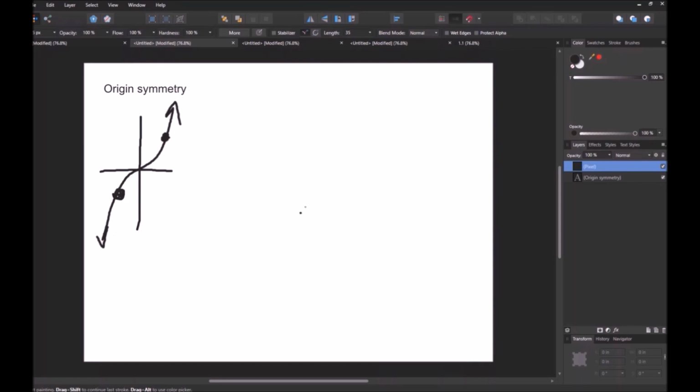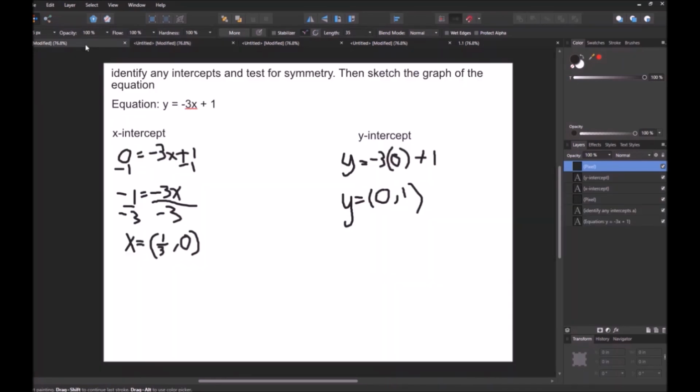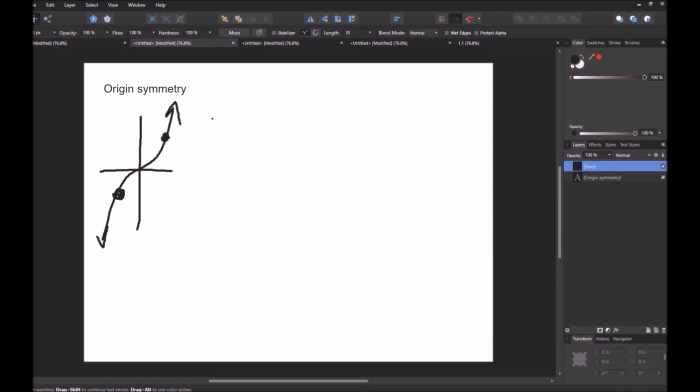So in order to test for origin symmetry, we have to replace x and y with negative x and negative y and evaluate the equation from there. And if it comes out to be the same, then we know it has origin symmetry. So we're going to do negative y equals negative 3 times negative x plus 1.